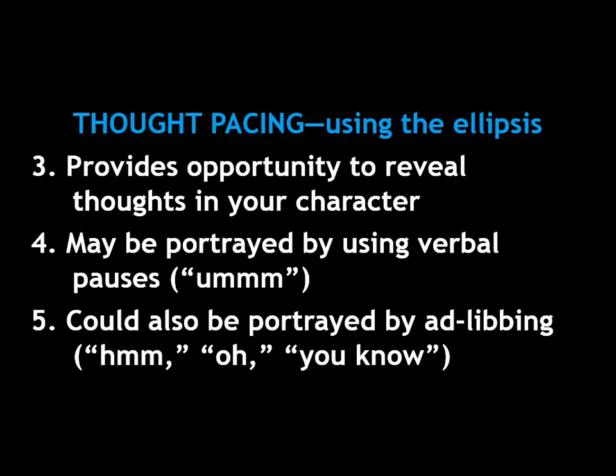This can also be portrayed, this thought pacing aspect, by ad-libbing, saying things like um or oh, or you know, because those are words that we use as well to be able to give us a half a second to a second to think about what we're going to say or how we want to say something, or we're reacting to something prior to saying what it is that we're going to say.